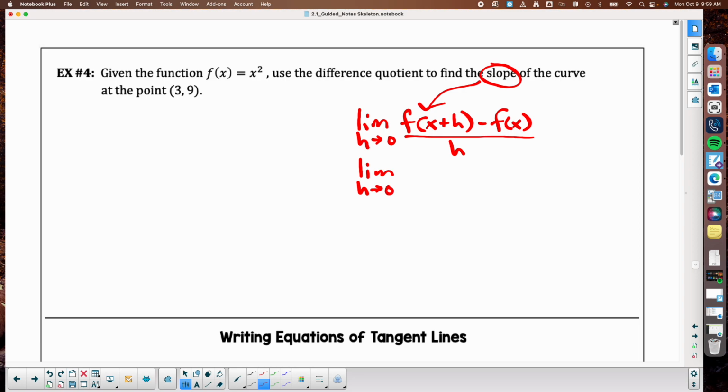Honestly, I feel like some students find it easier to do this part first, because minus f of x is literally just subtracting the equation they told us. I've had some students write this part first.